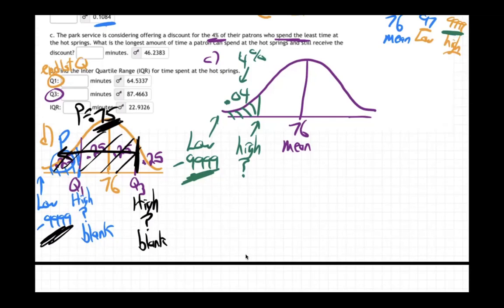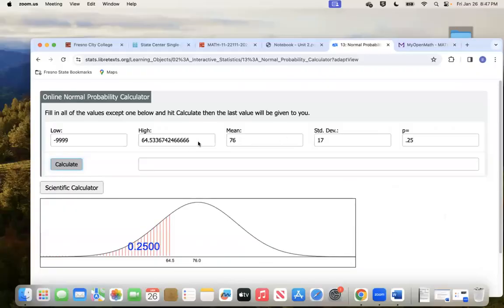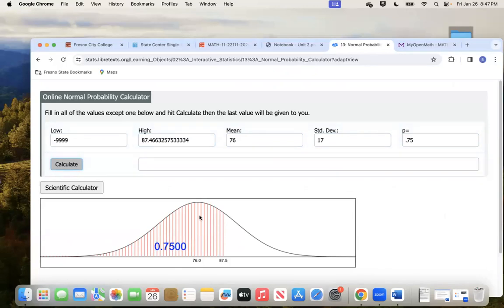Back to the calculator again. And so again, get rid of the high. This time the P is 0.75. Standard and mean haven't changed. Low still negative 9999. Calculate. There it is. See how that's 75% of the curve? That's most of the curve.